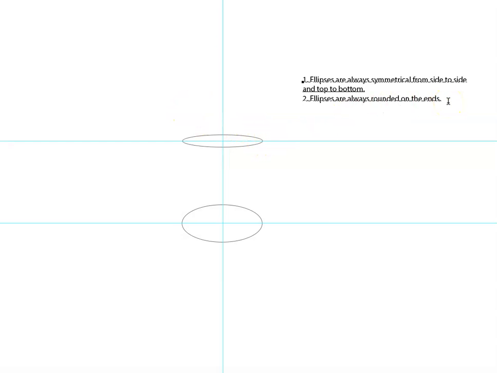And the third rule of ellipses is ellipses are always widest in the middle. So where this cross is here, this is the widest point of the ellipse. It's going to start to taper, and as it rounds this curve, this is where it speeds up, right?